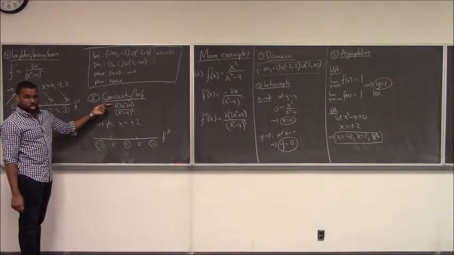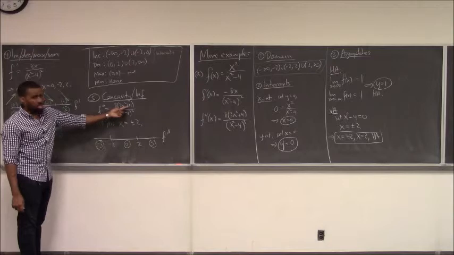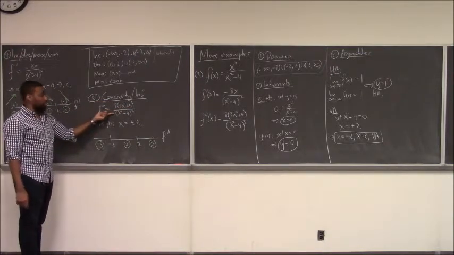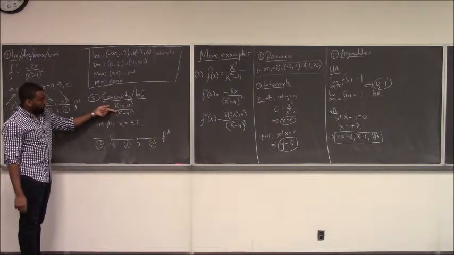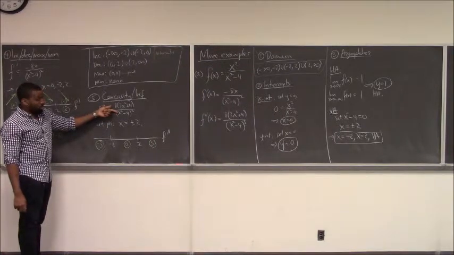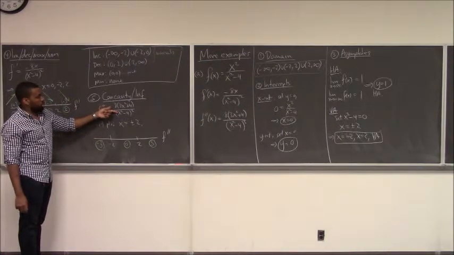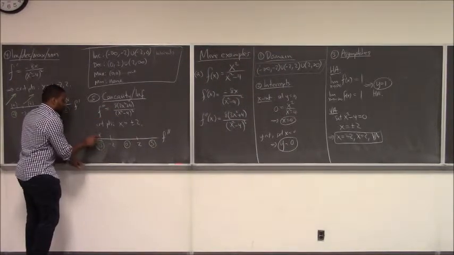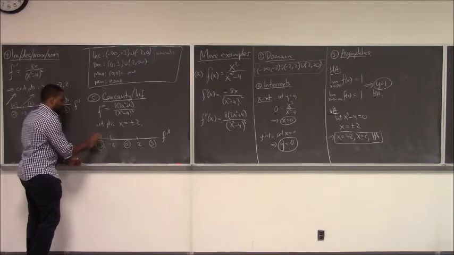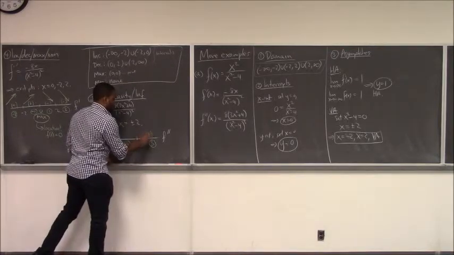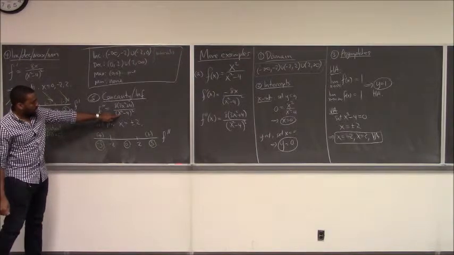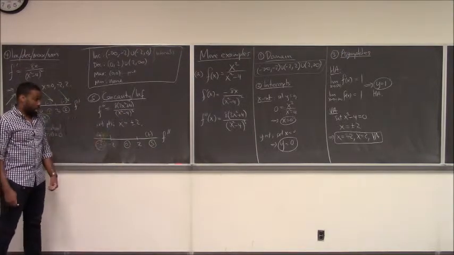Notice that the numerator is actually always positive because it's a square plus some positive numbers. So the top is always positive, so really I'm only checking the denominator here. If I plug in plus or minus 3 here, it gets squared and becomes a 9, you subtract 4, that's positive. So it's going to be positive over here, positive over here. If I plug in a 0 on the other hand, I get 0 minus 4, that's going to be negative.